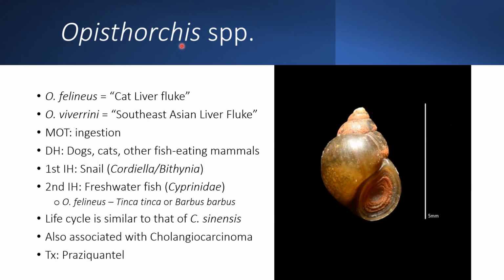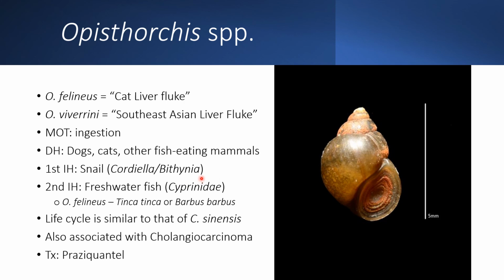So for the Opisthorchis species, we have the cat liver fluke, Opisthorchis felineus, and Opisthorchis viverrini, the Southeast Asian liver fluke. The mode of transmission is ingestion. The definitive host, and its reservoir hosts, are dogs, cats, and other fish-eating mammals. Its first intermediate host is the snail Bithynia.